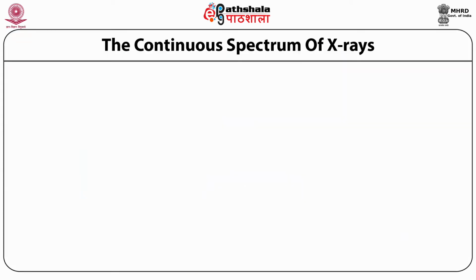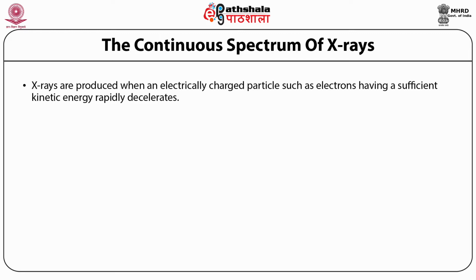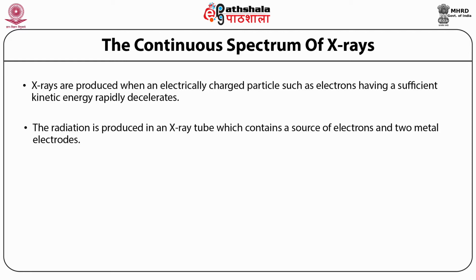The continuous spectrum of X-rays. X-rays are produced when an electrically charged particle, such as electrons having a sufficient kinetic energy, rapidly decelerates. The radiation is produced in an X-ray tube which contains a source of electrons and two metal electrodes.